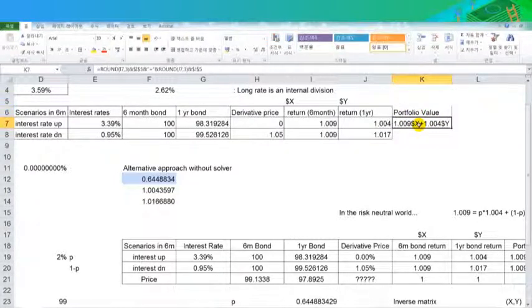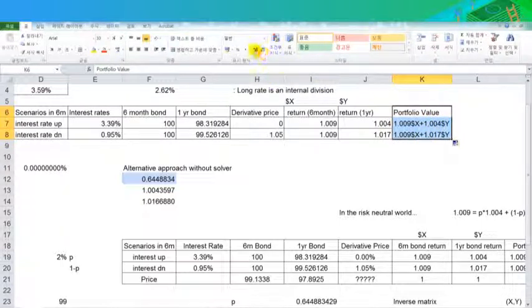But then when interest rate goes down, per dollar investment, 6 months bond return is the same, but now per dollar investment in longer term bond, 1 year bond, now you earn higher return. So portfolio value would be different, like this one, all right?